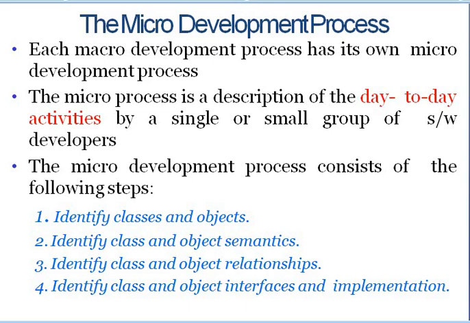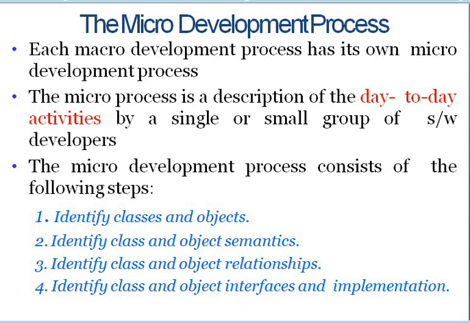Next is micro development process. Micro development process is the description of day-to-day activities by a single or small group of software developers. Micro development process consists of different steps. First is identify classes and objects.